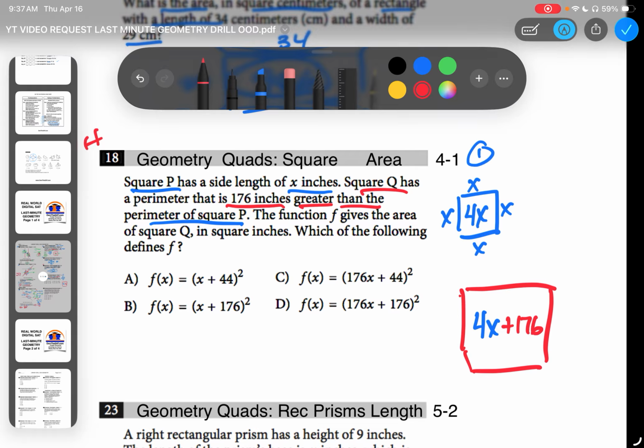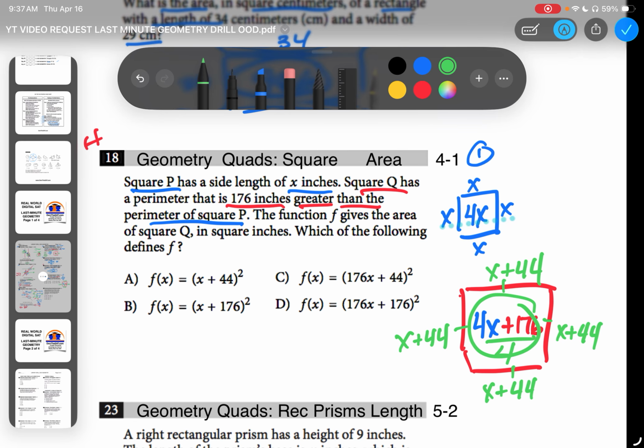Now, what are the side measurements of the red square? Well, what do we know about squares? We have 4 equal sides. So if we divide this by 4, 4x divided by 4 is going to be x. And then 176 divided by 4 is going to be a positive 44. So that means the side measurements of this red square are going to be x plus 44, x plus 44, and if you're doing a perimeter, you add the other x plus 44, x plus 44.